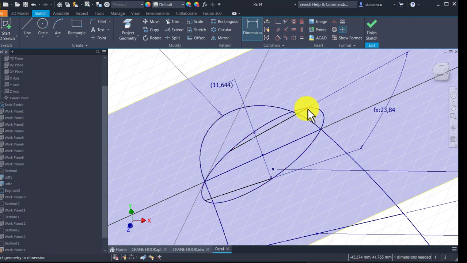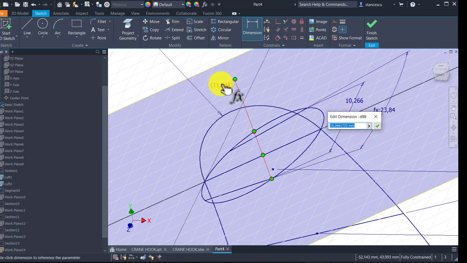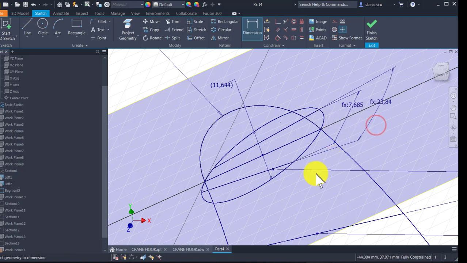Distance, which is this small dimension multiplied and divided and multiplied, as you can see, to obtain this.